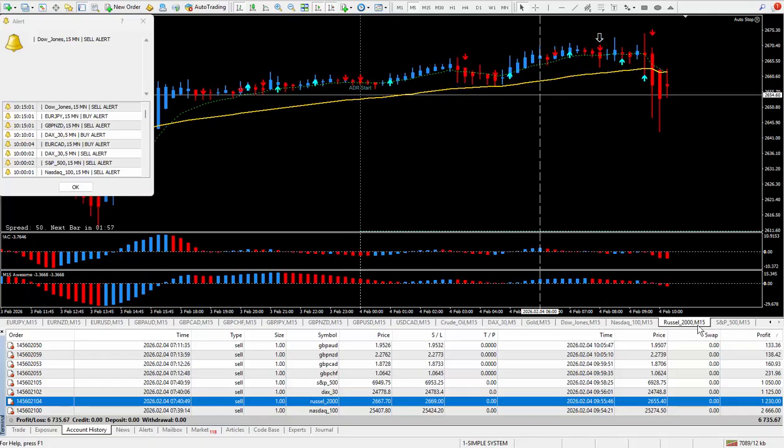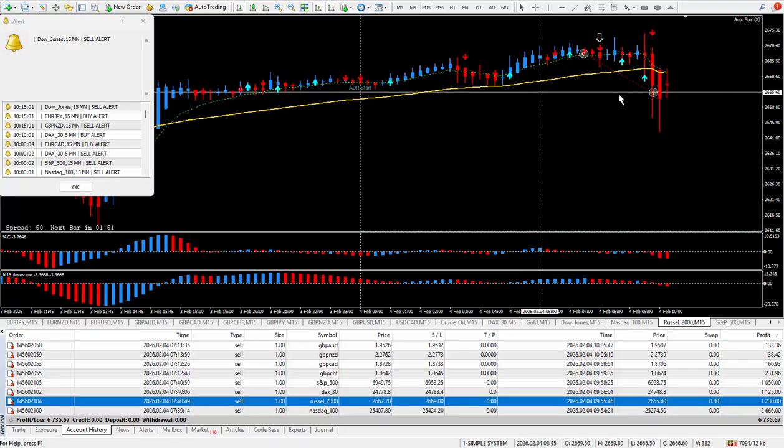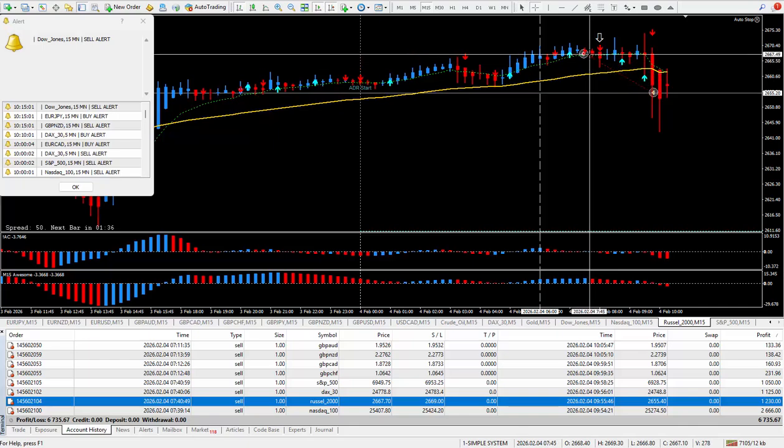Russell, here we go. Let's drag and drop this up. See where I got in at. Now I knew eventually by this candle here it was going to go down. I knew there's the red arrow. And of course, red candles, everything red. So red means sell. Got in here.